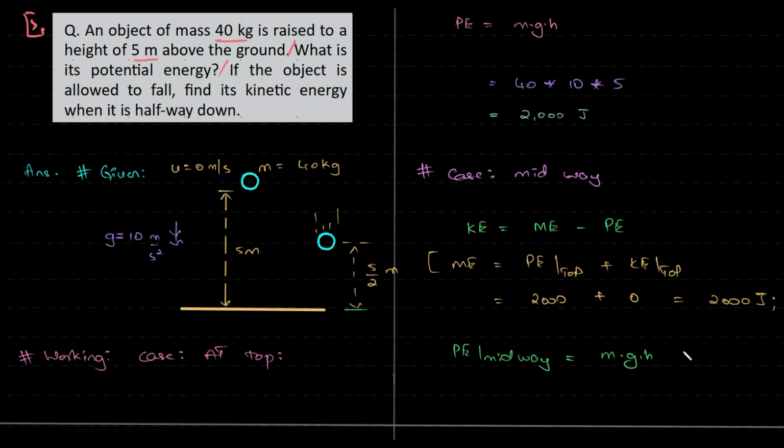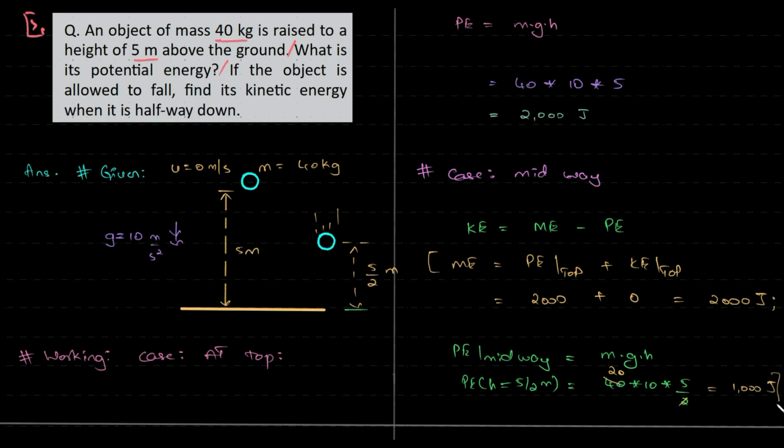In this case we substitute h to be 5/2, because it's at a height of 5/2. It's kind of obvious. So this is 40 into 10 into 5/2, so this would be 1000 joules.